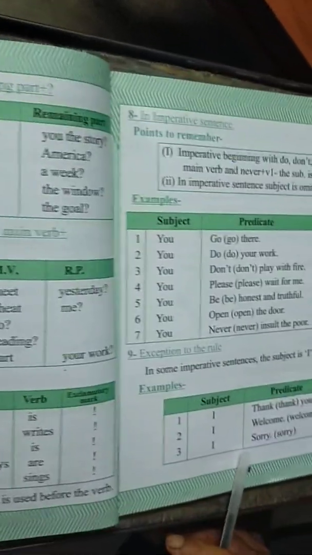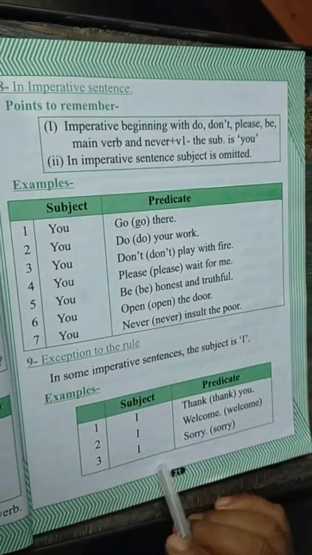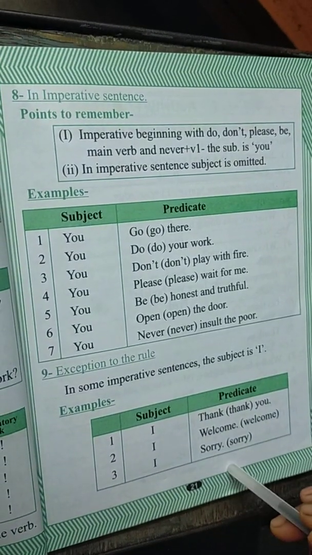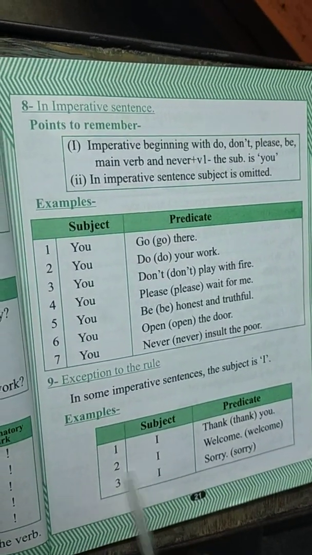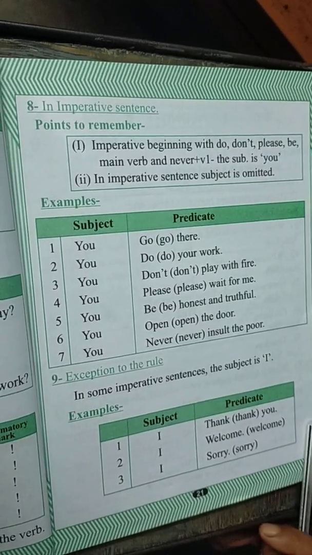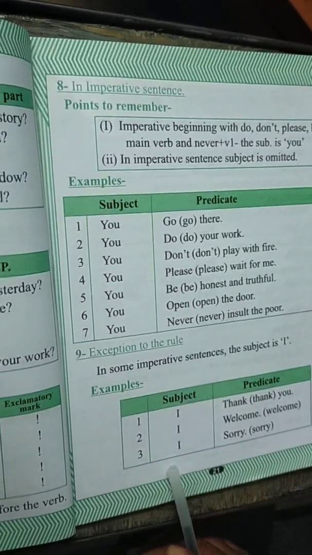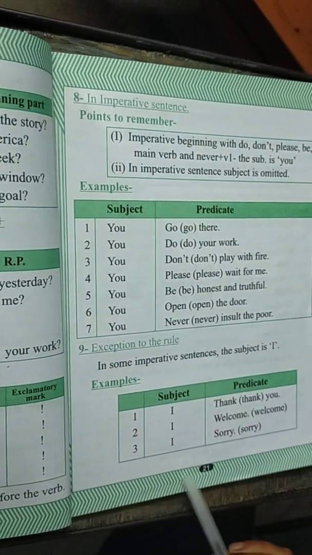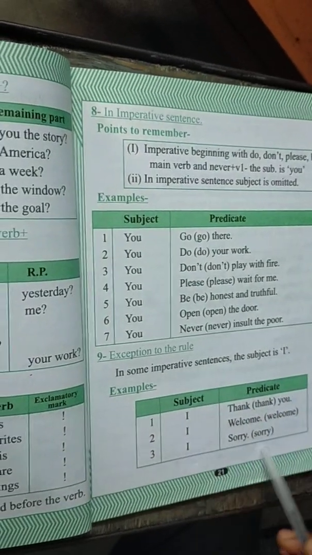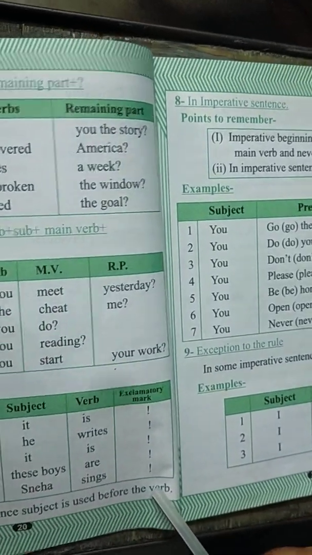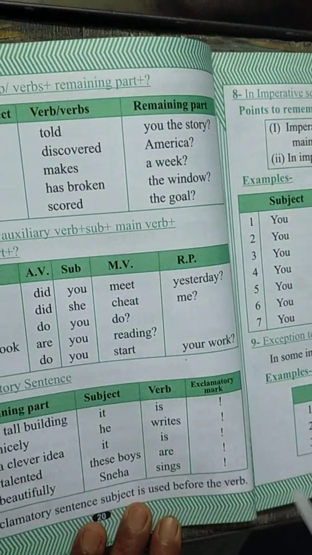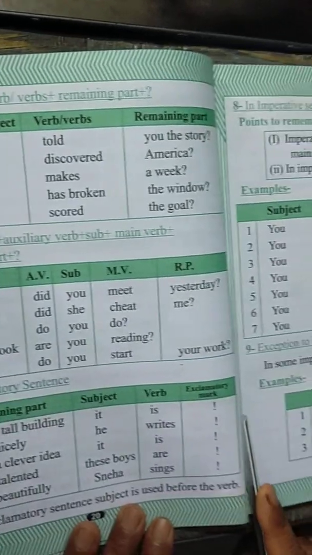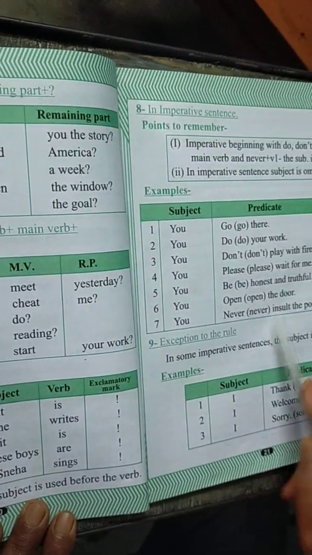We also read that in some imperative sentences the subject is I. These are the grammatical points we have read today, and you have to remember them seriously, as they will be used in your higher studies.